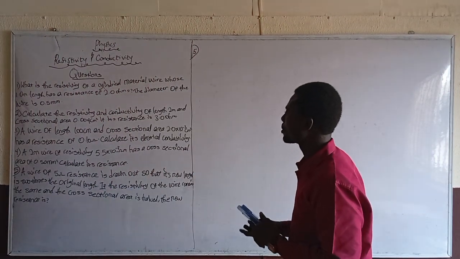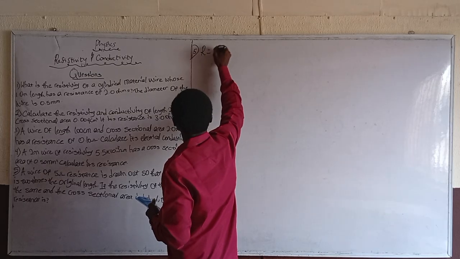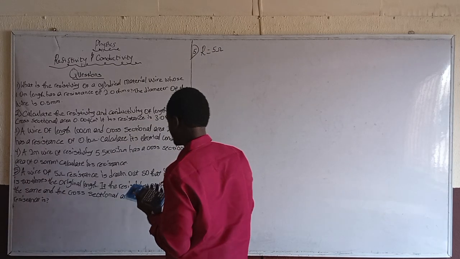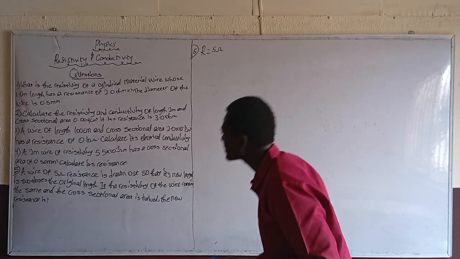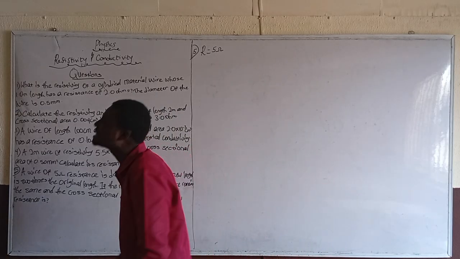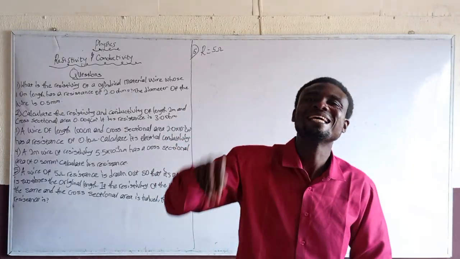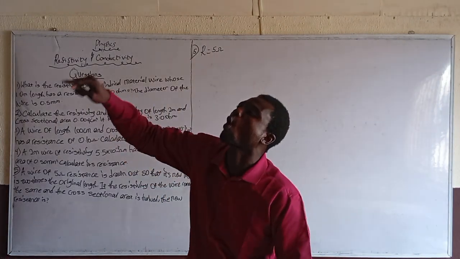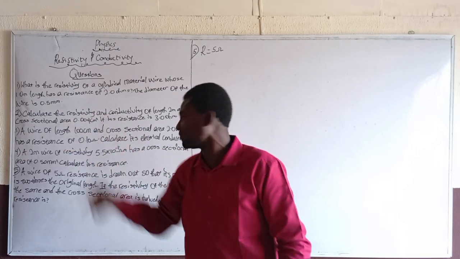A wire of 5 ohm resistance, that means R is 5 ohm, is drawn out so that its new length is 2 times its original length. Now, before there was a new length, it means that there was an old length, but the old length was not given.